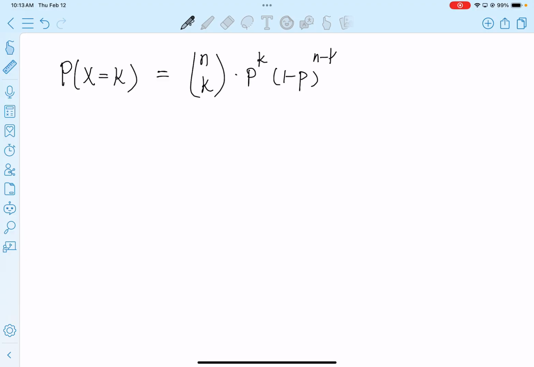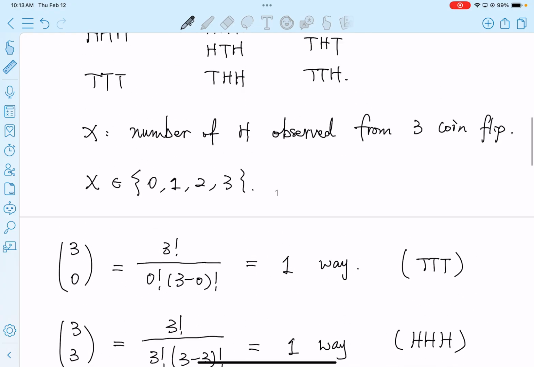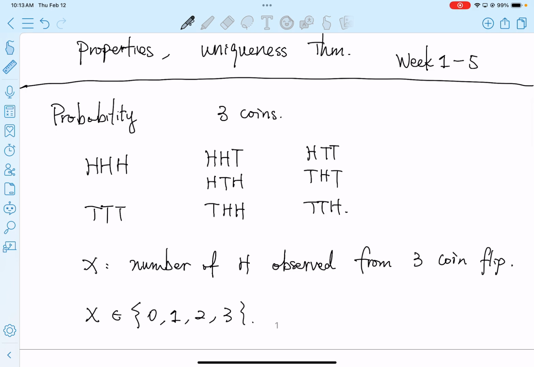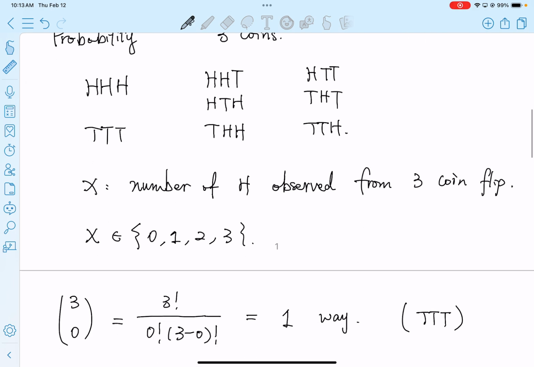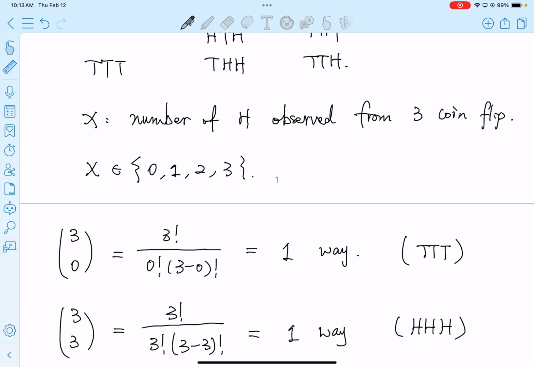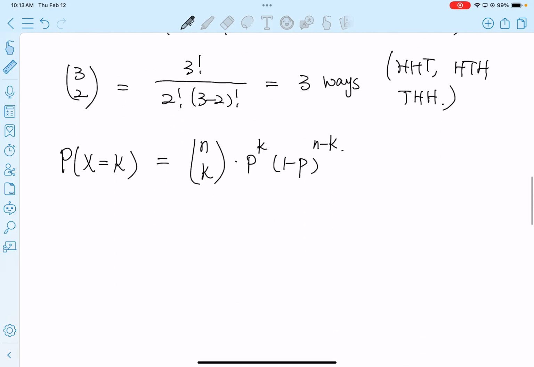So in this formula, to understand it intuitively, the first binomial coefficient handles the counting part, when we reduce the actual coin outcomes into our random variable so that we can get the number of heads. So that's the first term we'll handle. And then the p here is related to the probability.